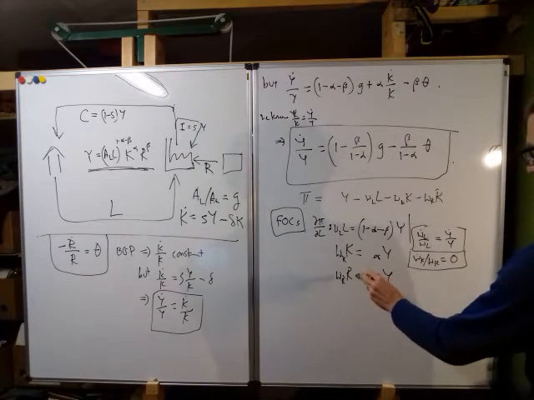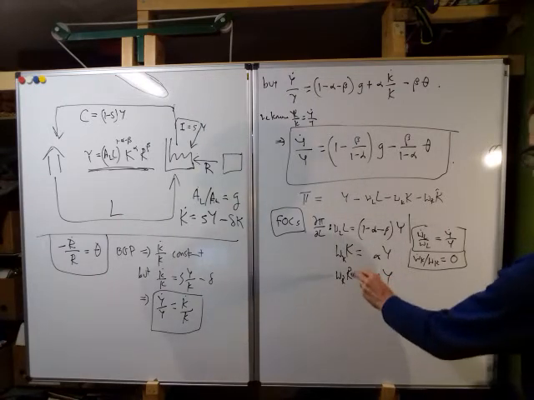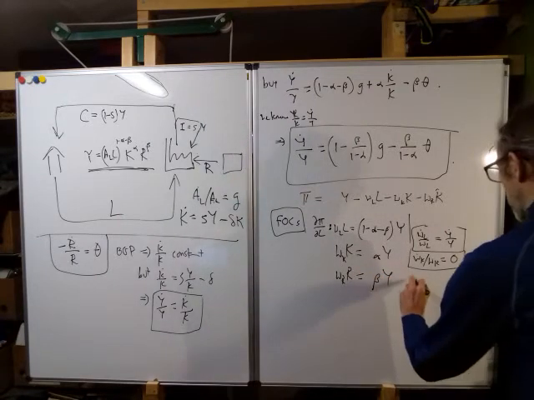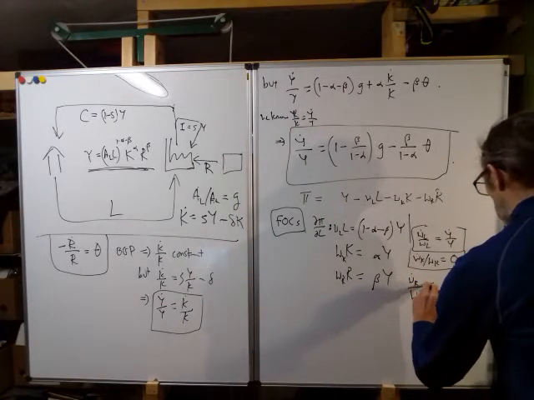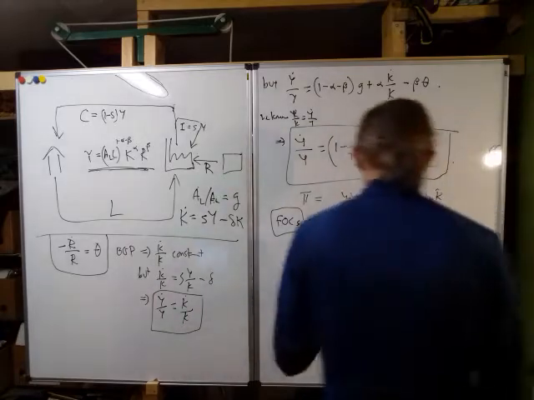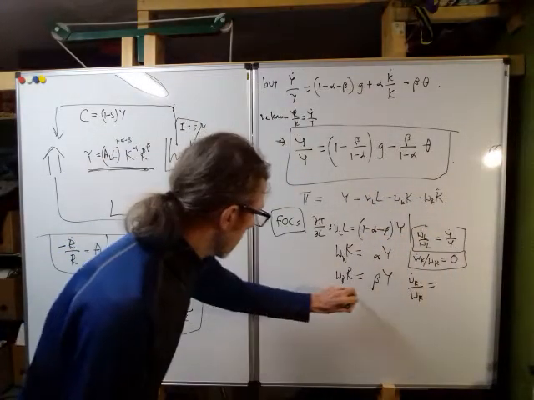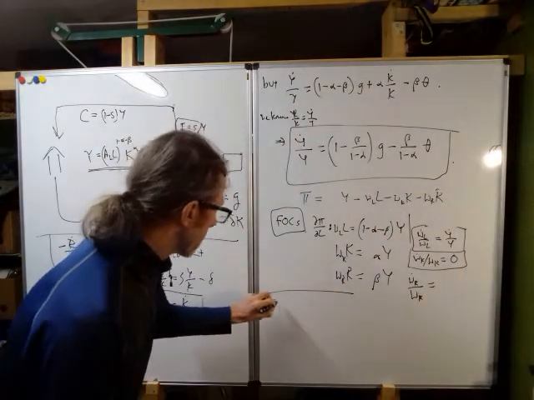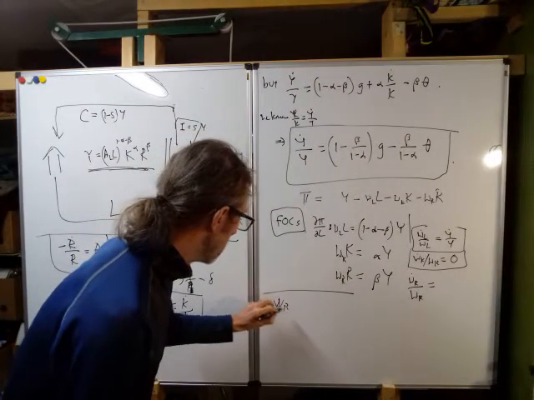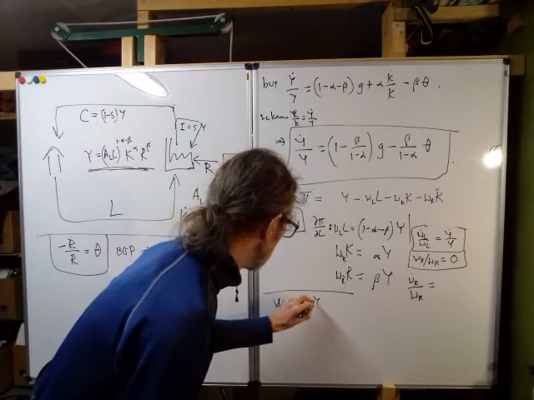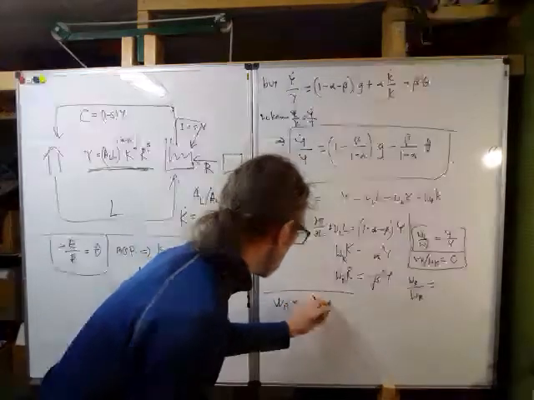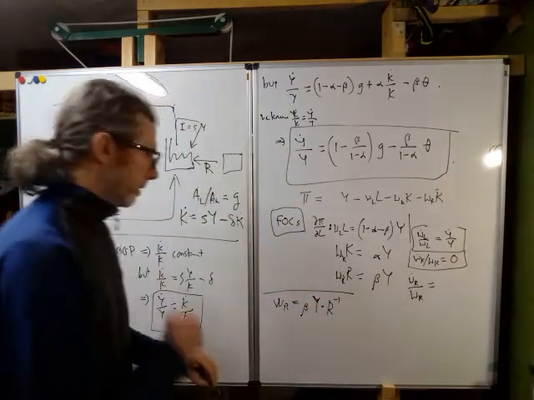And here, what have we got? We've got WR dot over WR. So, let me do a little aside here. We've got WR is beta, which is just constant, times Y, let me write it like this, times R to the minus 1.